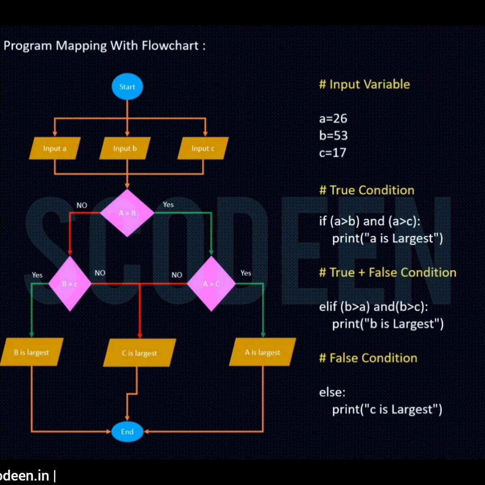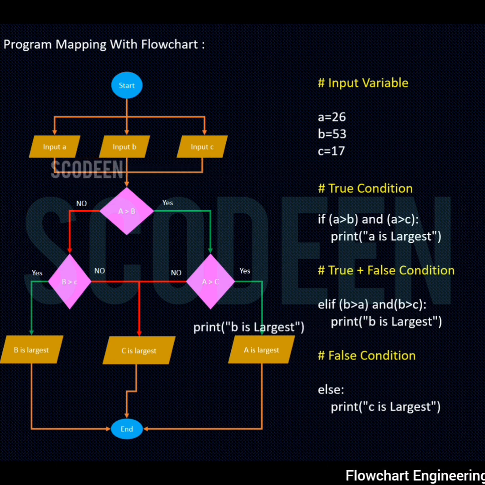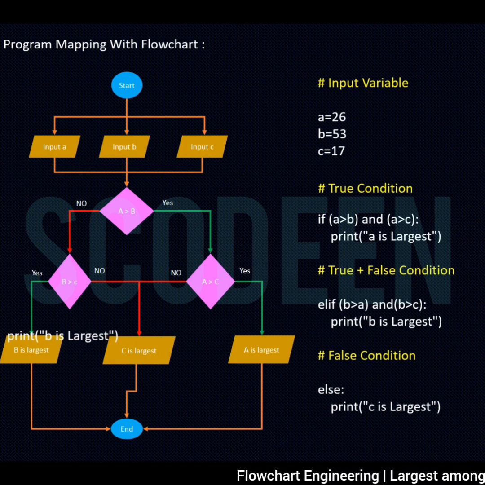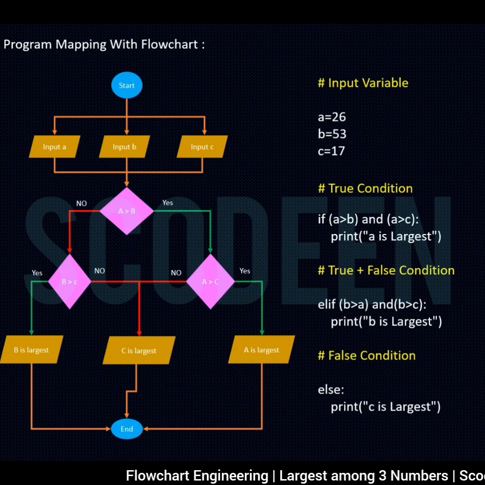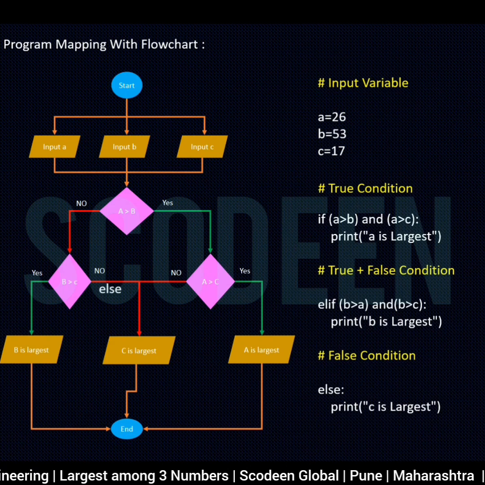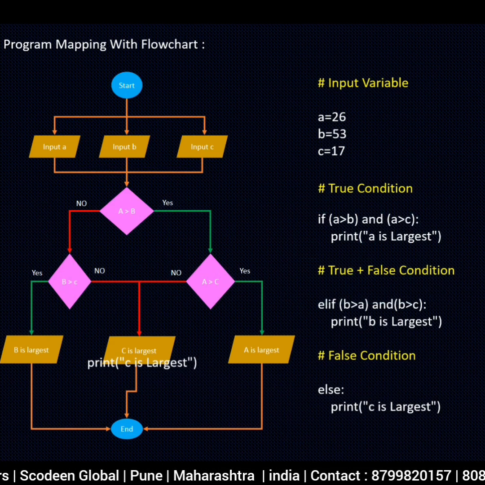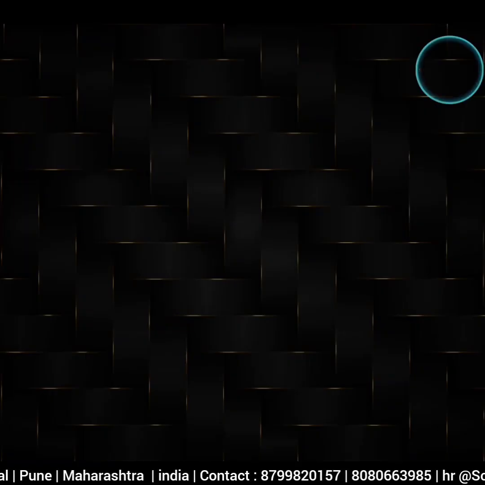So B is greater than C, yes, that is the true condition, and the false condition is A is greater than B. In this case, we are going to print B is the largest, that is the elif condition. Then obviously the else condition, that is the false condition, we can type C is largest.